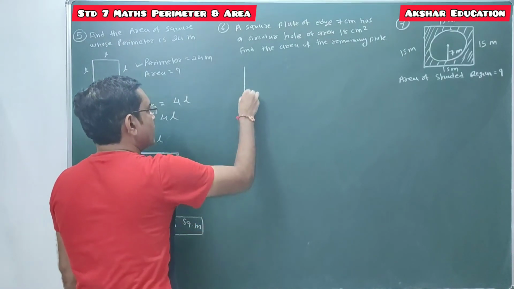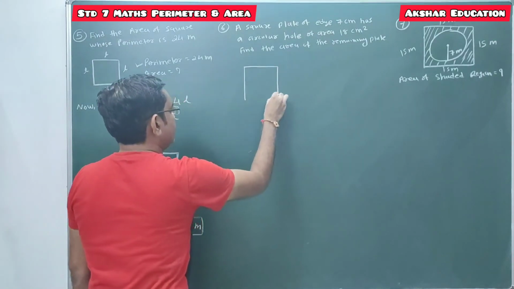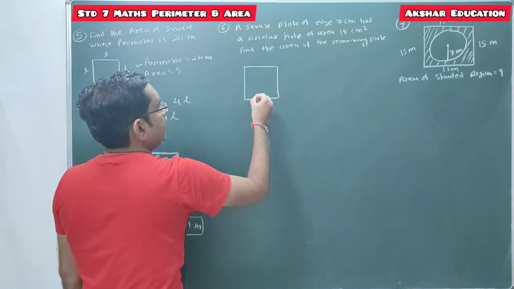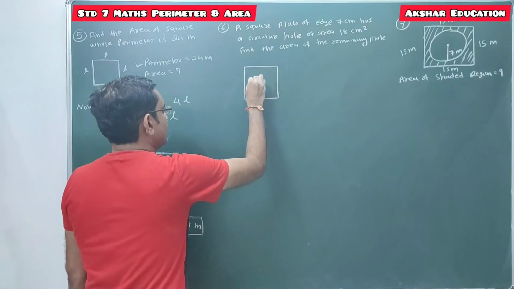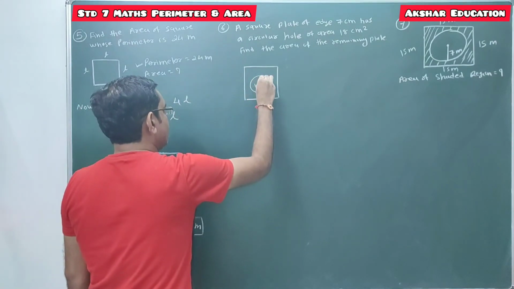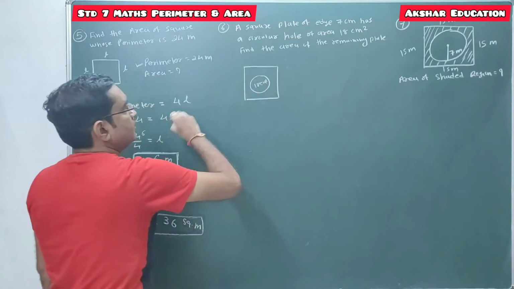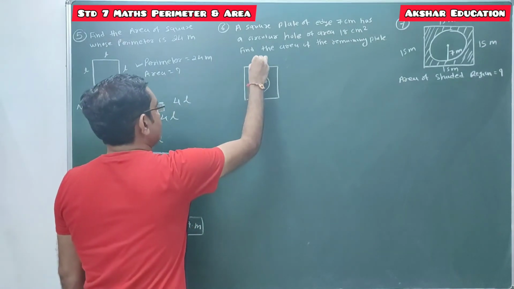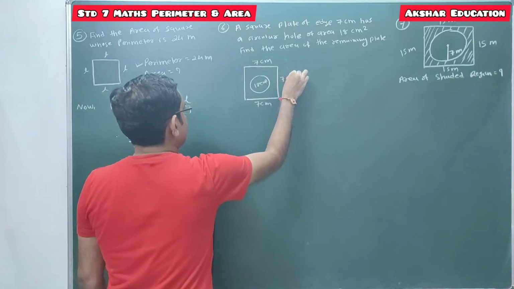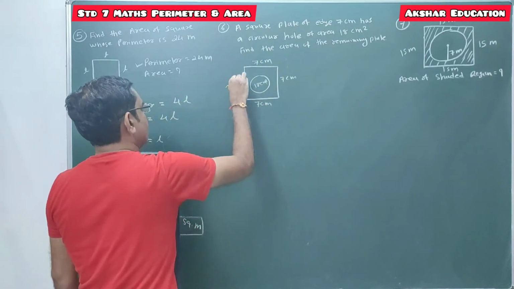So one square plate, and that square plate has a hole of area 18 cm square. So one circular hole is there, and the area of the circular hole is 18 cm square, and length of edge of square is 7 cm. This is 7 cm edge.